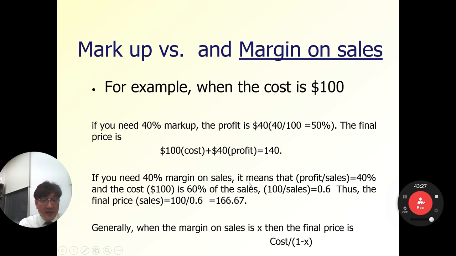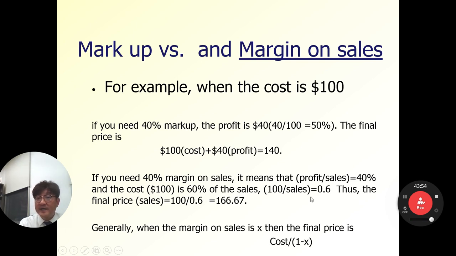It means the profit divided by sales is 40%, which means the cost is actually the remaining 60% of sales. The margin is 40% of the final price, which means the cost is 60% of the final price, the sales.